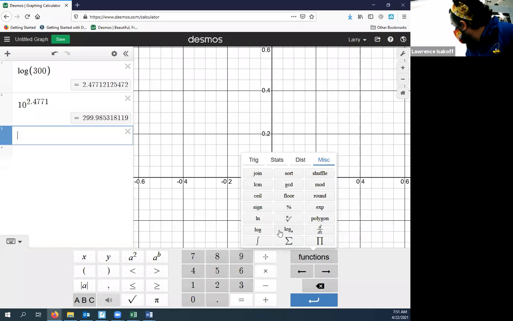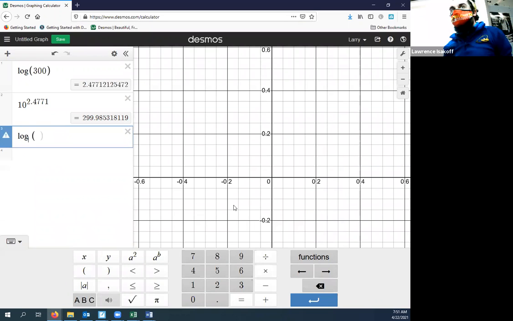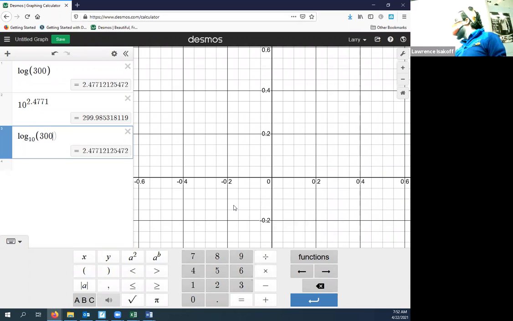If you choose log A, it lets you pick the base. So if I picked a base of 10 in here and did 300, we get the same answer. So remember, our default base is 10. That's the basis of our numerical system. So our default is 10.